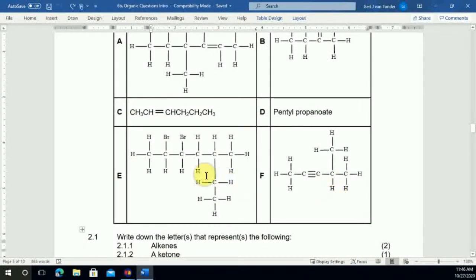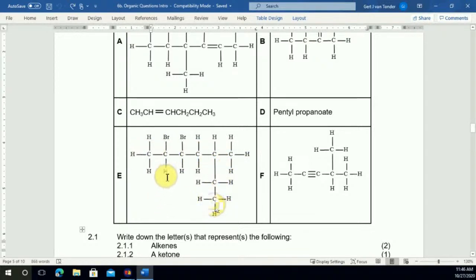If I look at number E, the longest chain is that chain over there. And if I look very carefully, there's a bromine over there, a bromine over there, and a methyl over there. Counting the number of carbons, 1, 2, 3, 4, 5, 6, 7. And 7 carbons is heptane, because there's only single bonds. So heptane is the parent group.